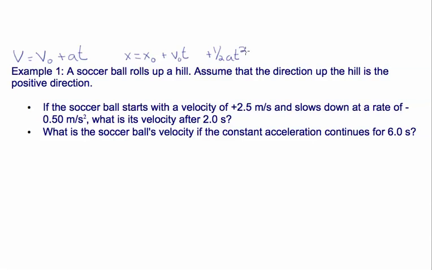Now I write these equations every time I use them, so I have them memorized just because of that. And the last one, v squared equals v naught squared plus 2a times (x minus x naught).